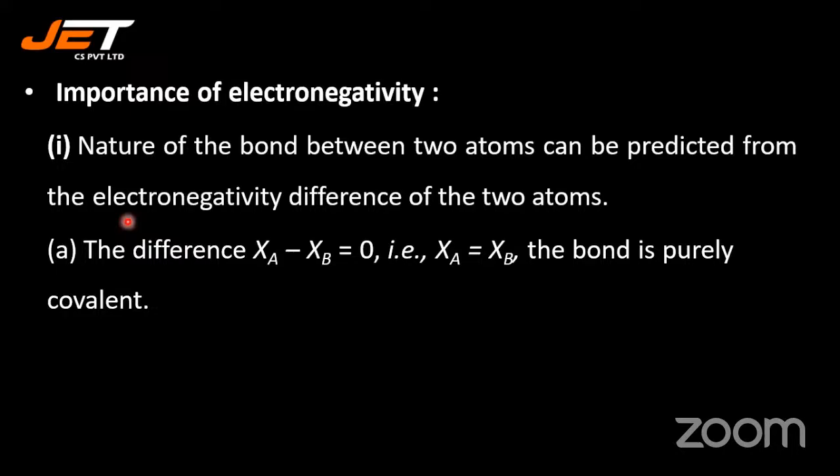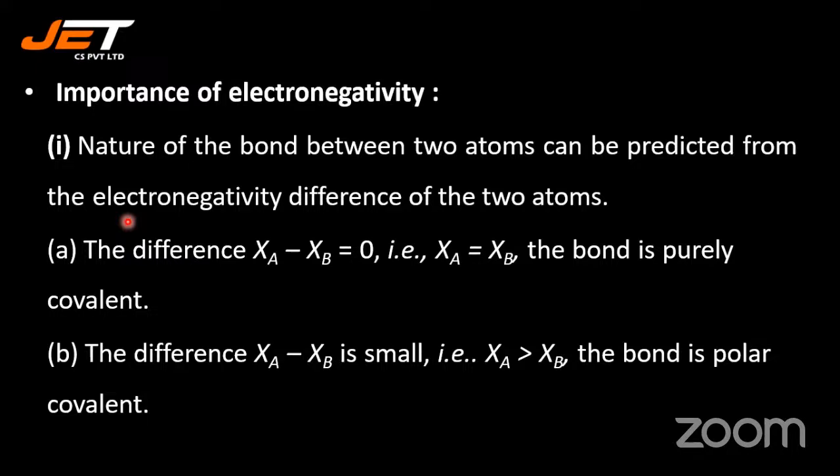So fluorine bonded with oxygen will give you a difference of 0.5. Okay, so this 0.5 will actually tell you whether the bond between them is covalent or not. This is not present in your syllabus, but if you are taking chemistry honors, biochemistry or whatever, you will be learning that. So if the difference is small, the bond is polar covalent.